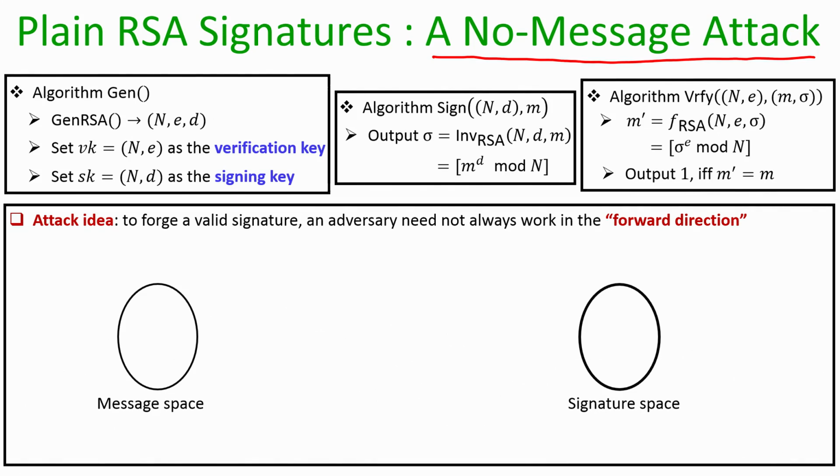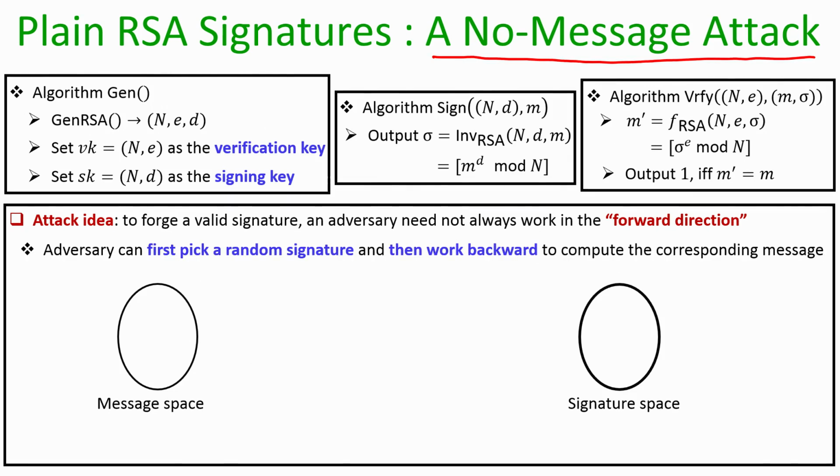But it turns out that the adversary could forge a signature by walking in the backward direction as well. Namely, it can first pick a random signature or a random group element and treat it as a signature, and then ask in its mind what could be the valid message from the message space for which the RSA signature would have been this picked sigma star.